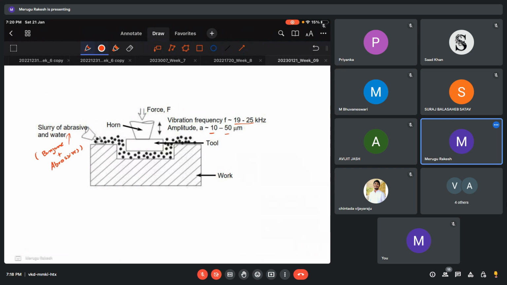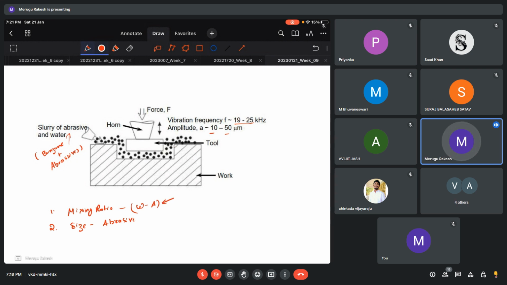So there are so many parameters that we can play with. One parameter is the mixing ratio, that is, water to abrasive ratio. The other one is the size of the abrasive.